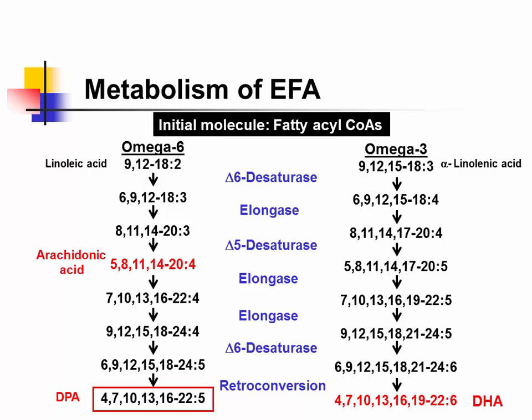So just try to remember the two categories: omega-3 and omega-6 fatty acids can be synthesized from essential fatty acids through the same pathways, elongation and desaturation. And remember, we have delta-5 and delta-6 desaturase in our body, right?